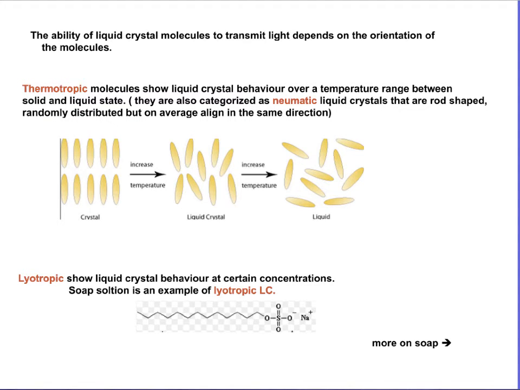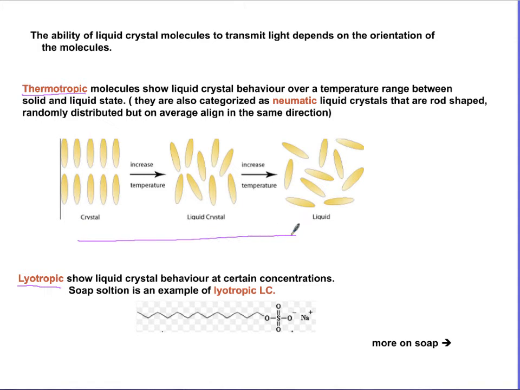Now, the ability of a liquid crystal to transmit light depends on its orientation, and we have 2 kinds of liquid crystal molecules. One is thermotropic and the other one is lyotropic. Thermo, from its name, is a molecule that changes liquid crystal behavior over a range of temperatures.